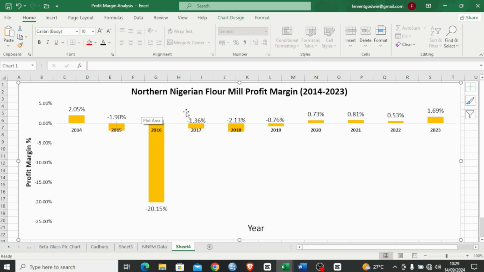I stumbled upon this company when I was doing my research, and I really wanted to know what their operations look like, what their profit margin looks like, what their revenue looks like. The profit margin is actually a function of the revenue and the net profits. So this is what the data looks like.